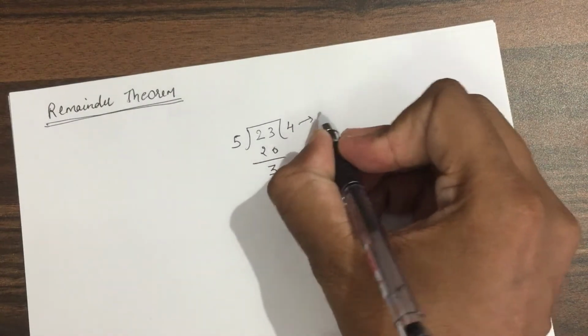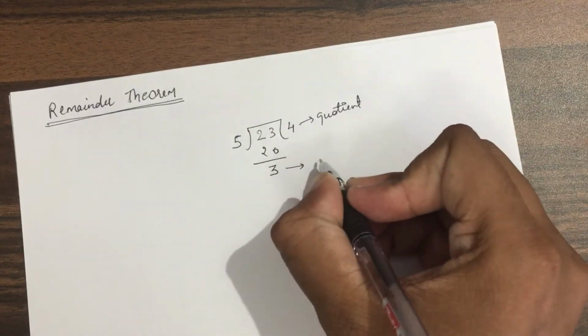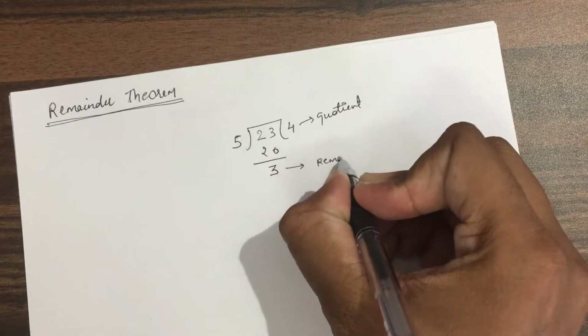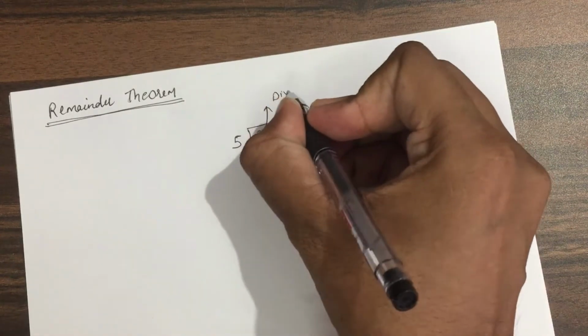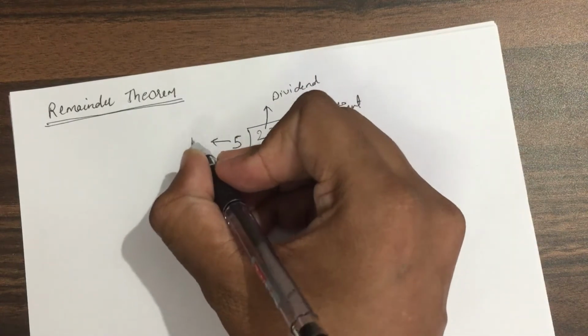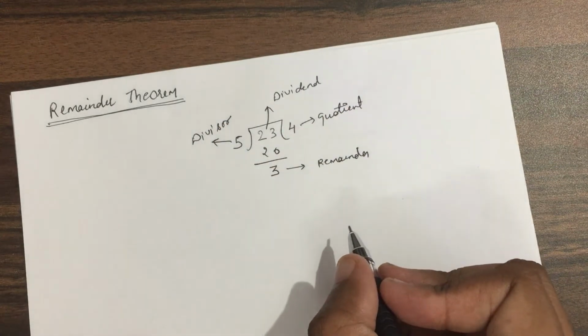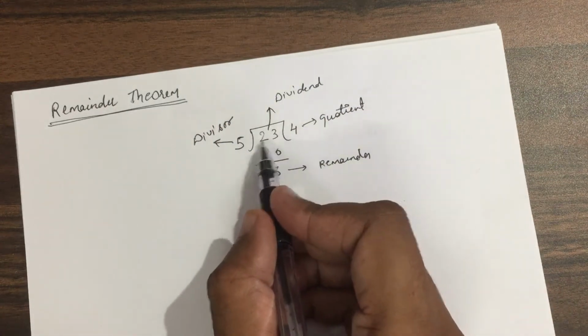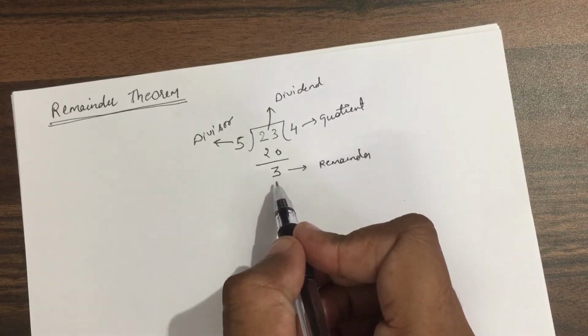So this 4 is the quotient and this 3 is the remainder. This 23 is the dividend and this 5 is the divisor. I hope you all know this. When we divide 23 by 5, the quotient is 4 and the remainder is 3.